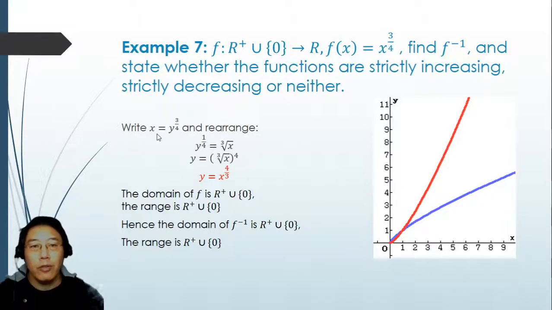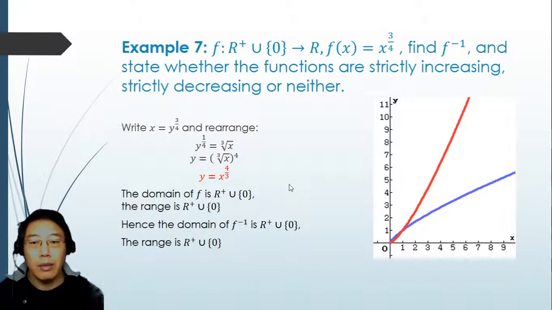So you write your function, you swap around the variables, you rearrange it, and you can swap the domain and range using the original f function, which is going to be stated down here. And what you can see from the graph is they are both strictly increasing.